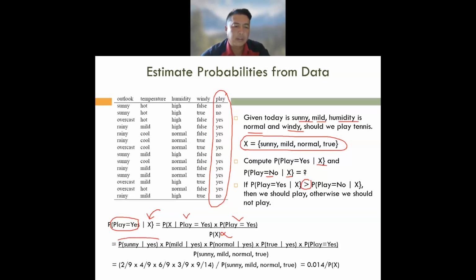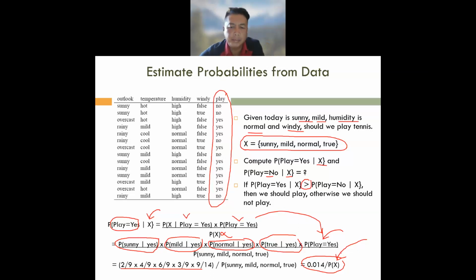So this is for sunny times mild times normal times windy is true, and then times the probability of yes, which is this one. All this can be computed manually, and you get 0.014. We don't have to compute the denominator because for the next computation it will be the same, so we just compare the values here only.